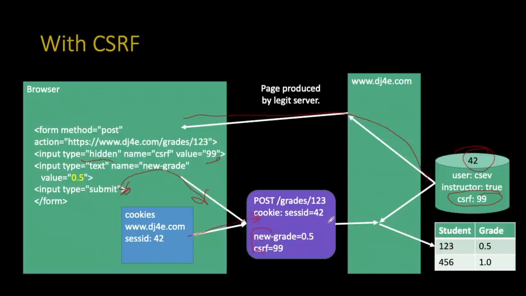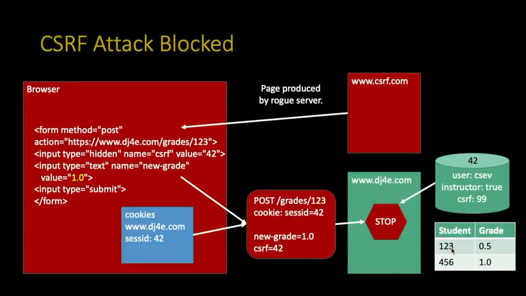And so then using the session cookie, it reassociates the session, says, yep, you're C7, you're the instructor, and the CSRF matches, so let's go ahead and let you set the grade. So we let them in. With the rogue attack blocked, because the rogue server can generate a page, but it doesn't know what the CSRF token is.